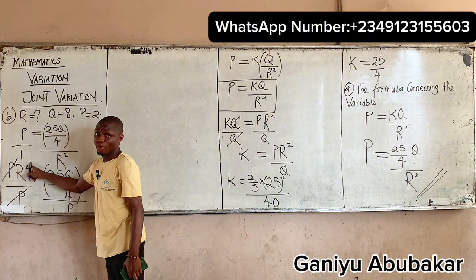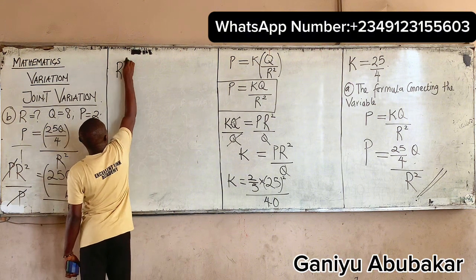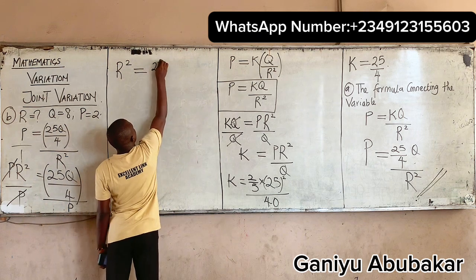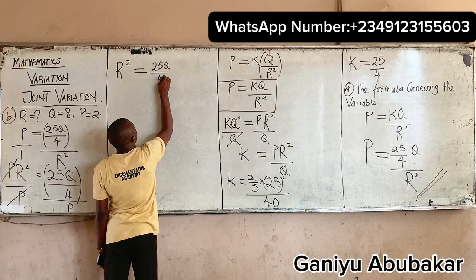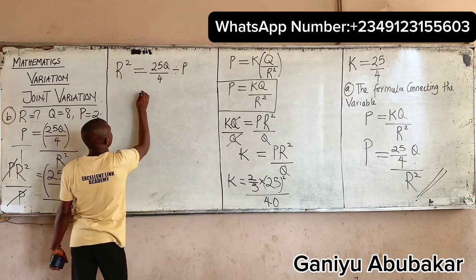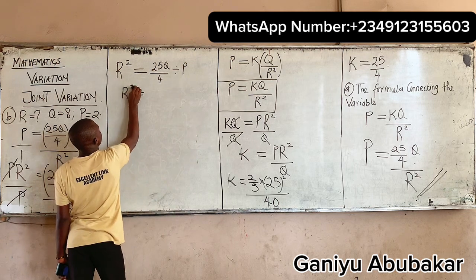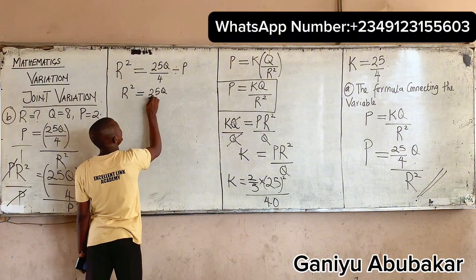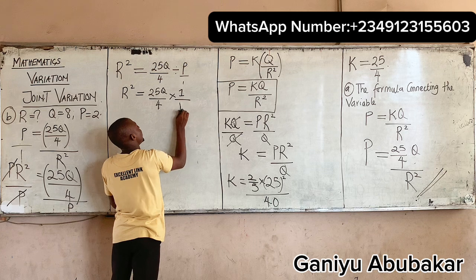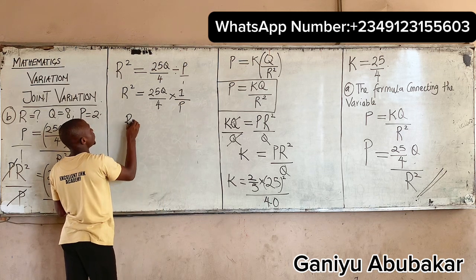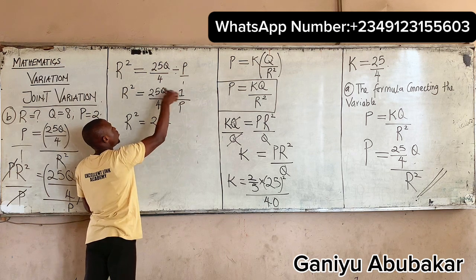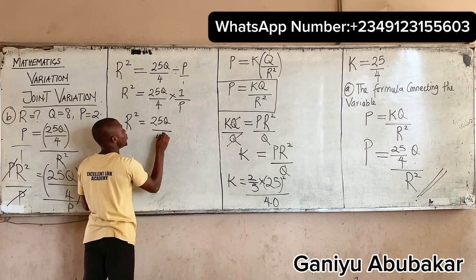R squared is equal to 25Q over 4, divided by P. This is R squared equal to 25Q over 4 times the invisible 1 over P. So R squared should be equal to 25Q over 4P.